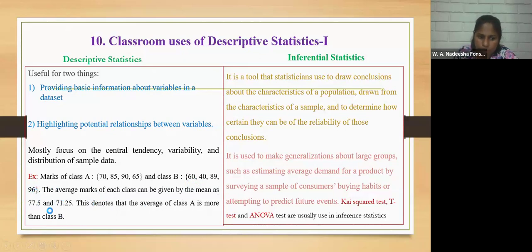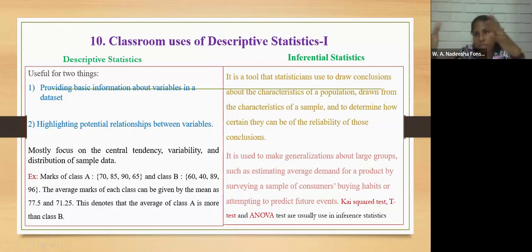So the mean value becomes 71.25. By looking at the mean value, we can understand that the average marks for class A is greater than class B. So no need to go through the data one by one. By looking at the mean value, we can get a rough idea. That is therefore descriptive statistics.